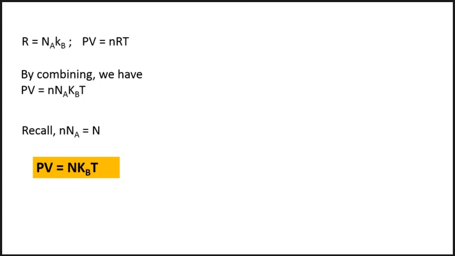Let me write it out for better view. PV equals N M, then mean square speed, then all divided by 3.